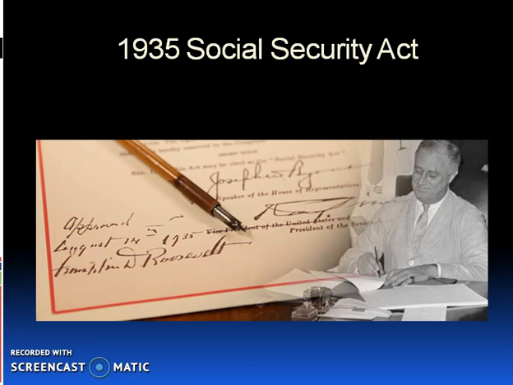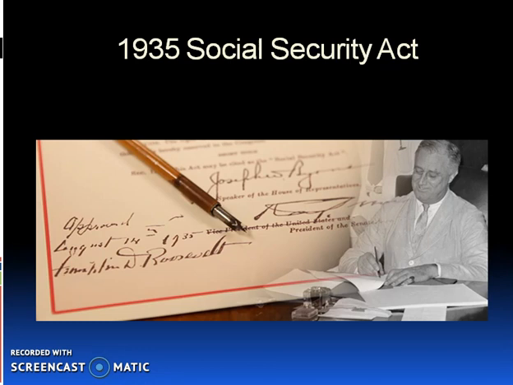During the Great Depression, poverty among the elderly grew dramatically. So the best estimate is that in 1934, over half of the elderly in America lacked sufficient income to be self-supporting. That's a little crazy.